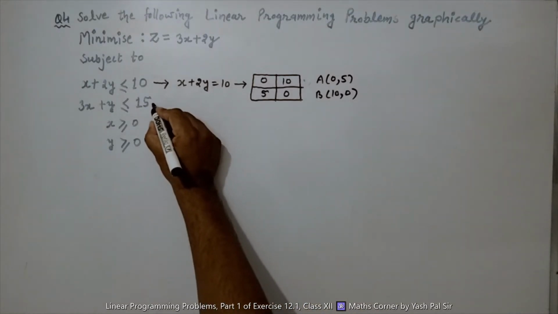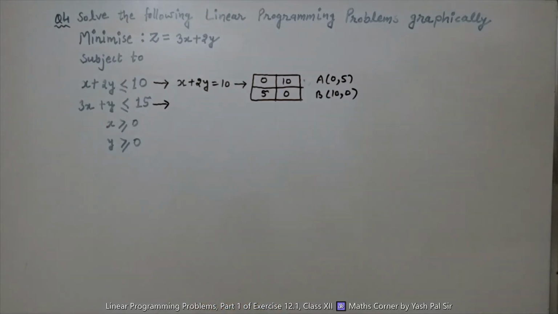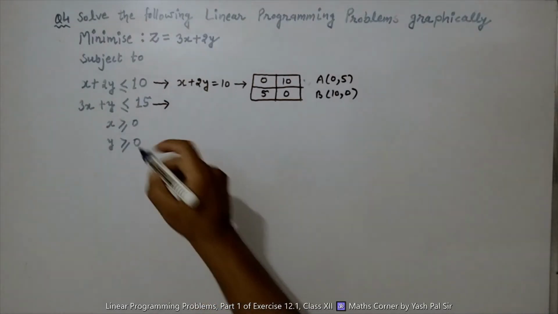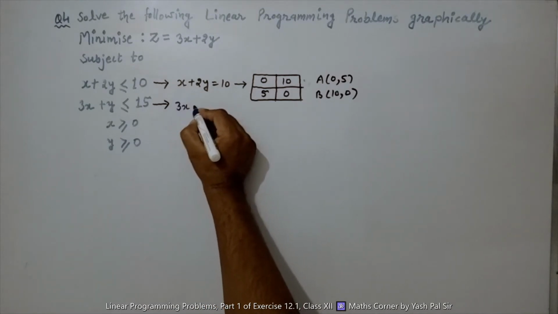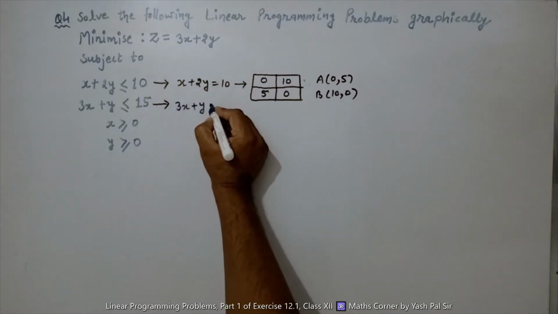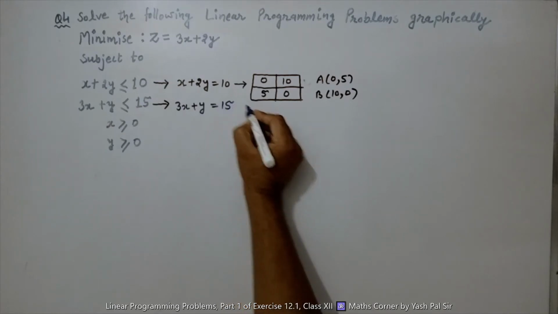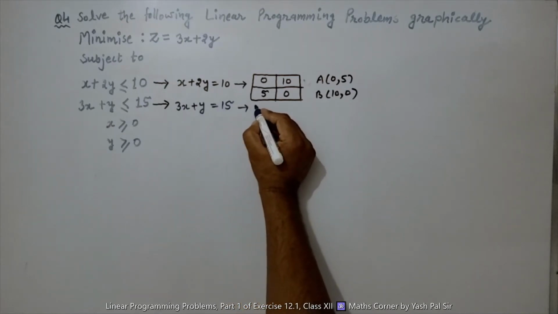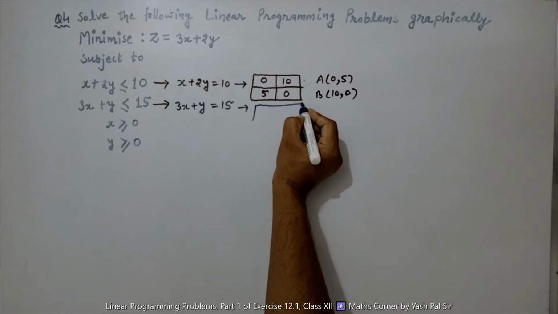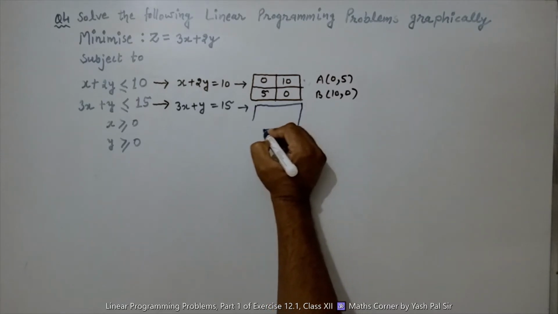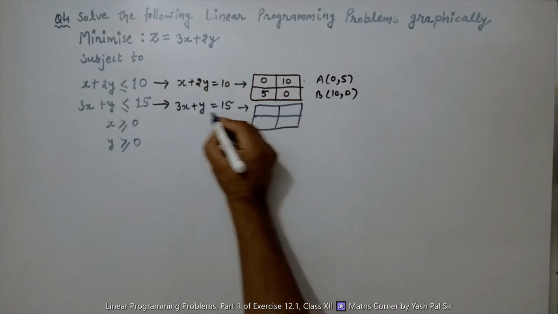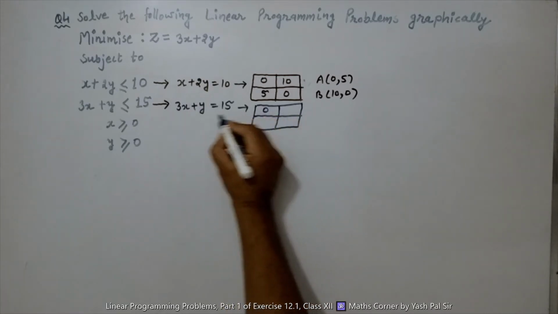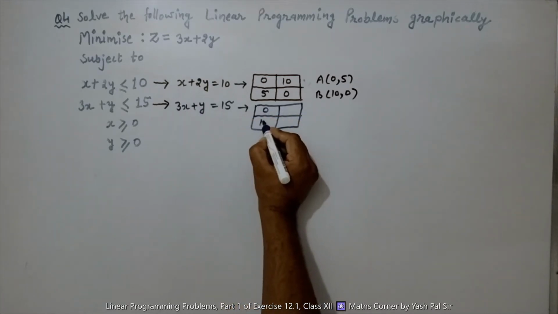Now similarly, second time simultaneously we are taking second inequality. Changing this inequality into equality, we have 3x plus y is equal to 15. Here also we have the table which gives the values of x and y. If x is 0, then y is 15.